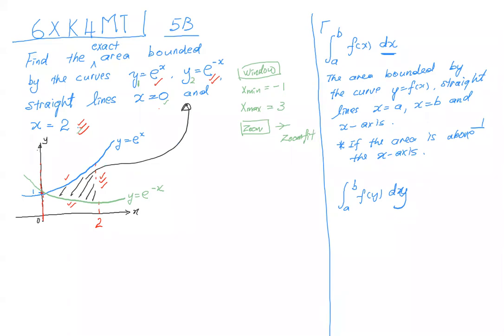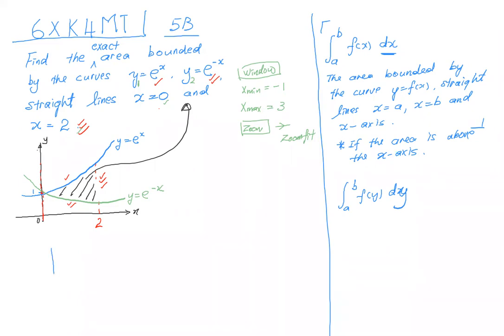So how are we going to use integration to help us find it? Take the area of y equals e to the power x, and then you minus the area of y equals e to the power negative x. Okay, so that is what your friend is trying to say.